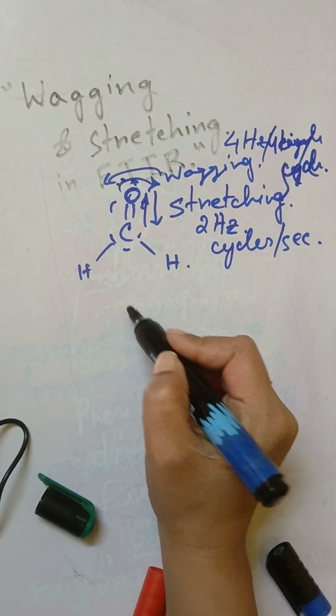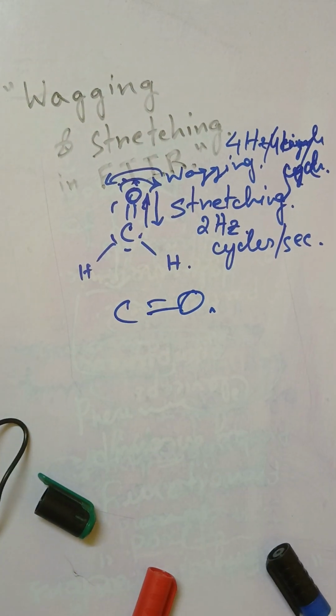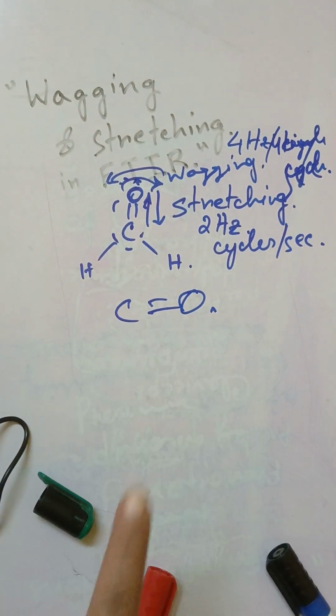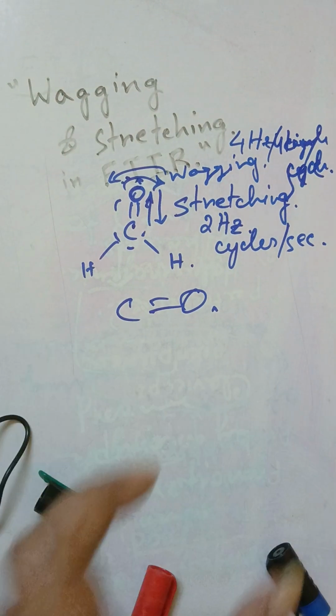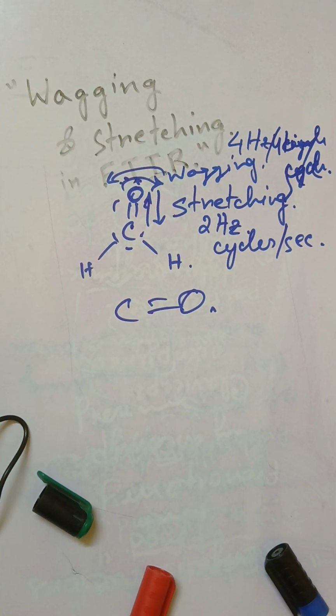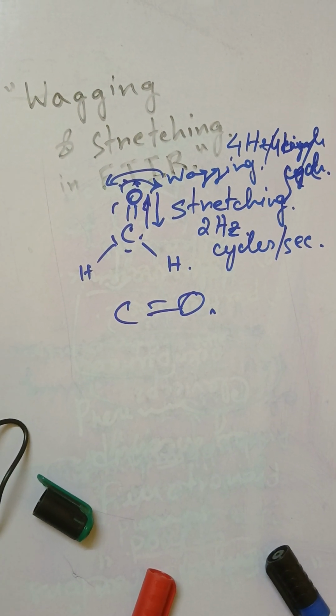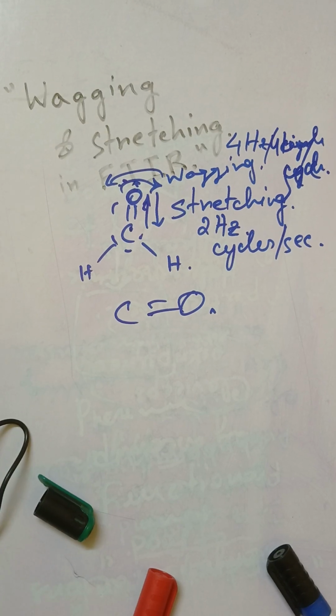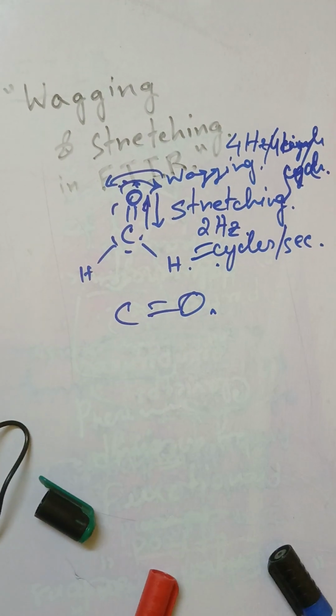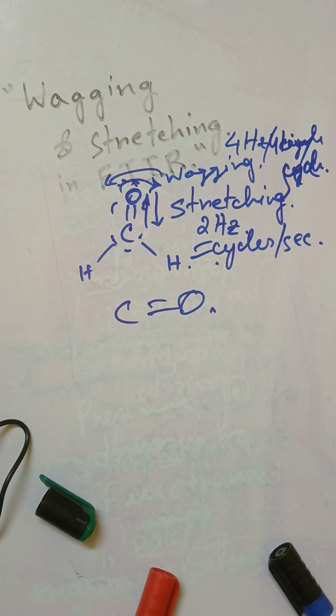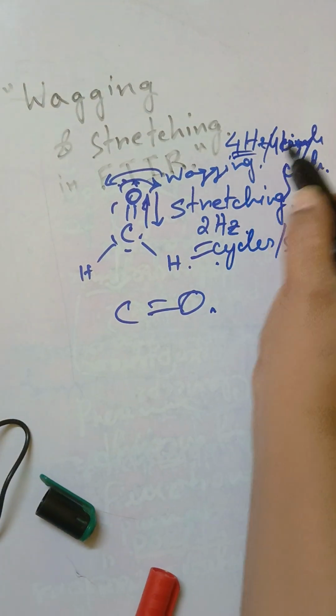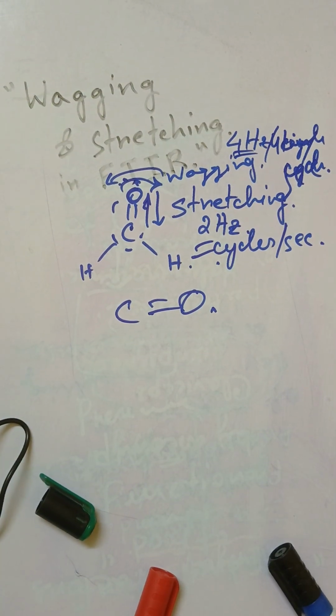So whenever a carbonyl functional group, C double bond O, is present in any kind of compound, whether known or unknown, always remember the frequency of stretching should be 2 hertz, and the frequency of wagging always remains 4 hertz.